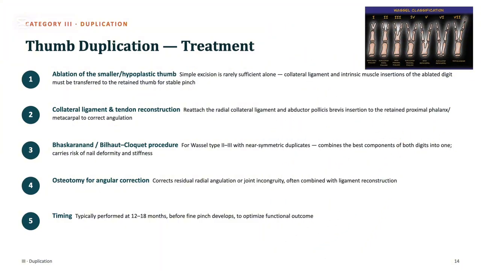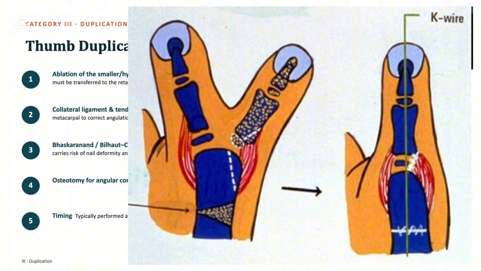Another guy called Bilhaut-Cloquet did an operation to excise the middle or inner part of both duplicated fingers and attach the outer parts. So he preserved the ligaments that are outside and made it into one finger.